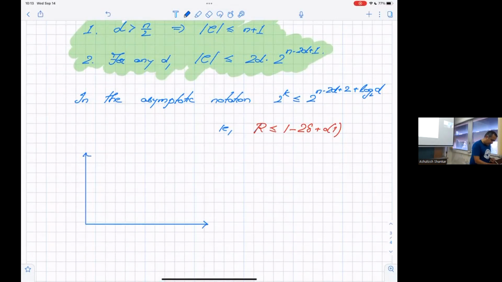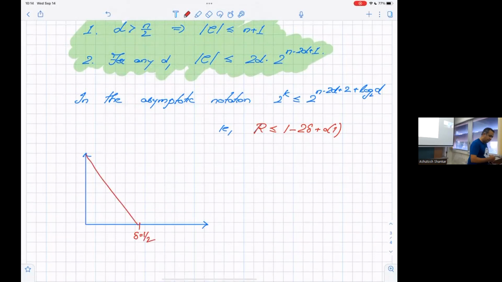So we had, let's first draw, this is delta equals half. And the Hamming bound is exactly this straight, sorry, not the Hamming bound. The Plotkin bound is this straight line. That's just r plus 2 delta equals 1.